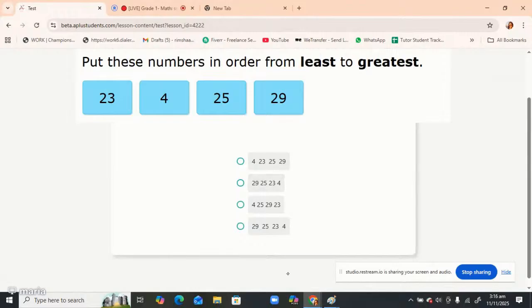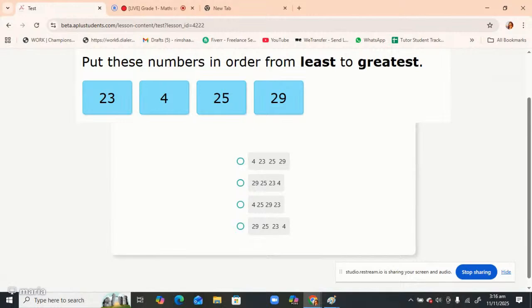Now this time you solve it and then tell me. Put these numbers in order from least to greatest. So first of all, you check in all of it, what is the smaller number? Everyone tell me in the chat. Is 23 smaller, 4 smaller, 25 smaller, or 29 smaller? That is, 4 is the smaller one. Now tell me what comes next.